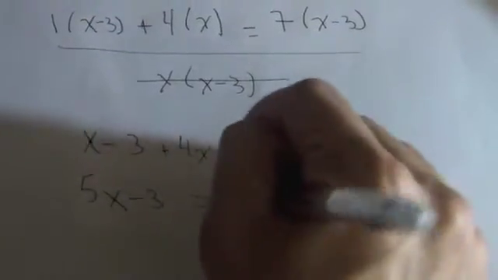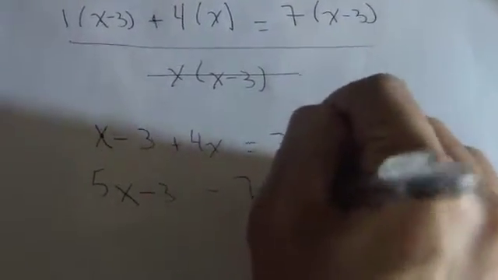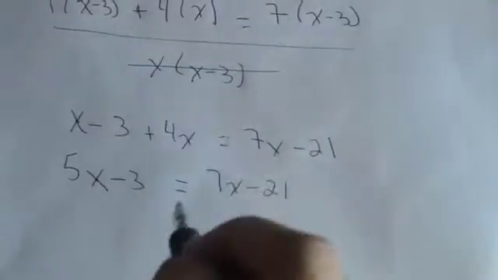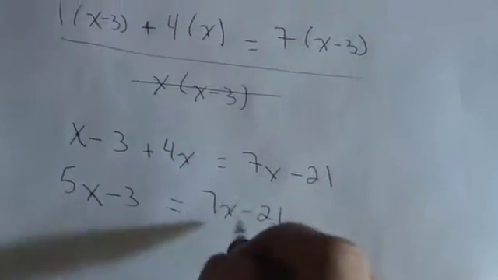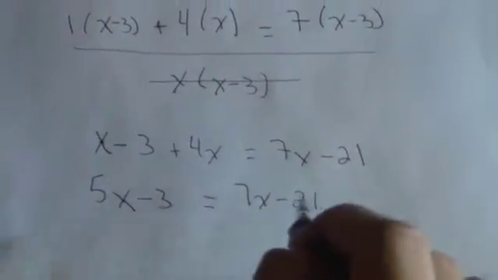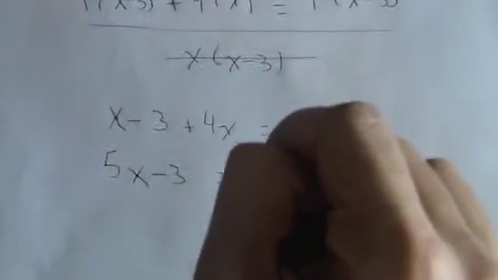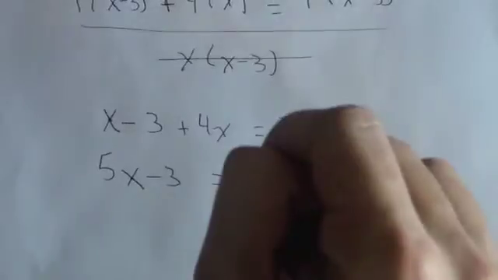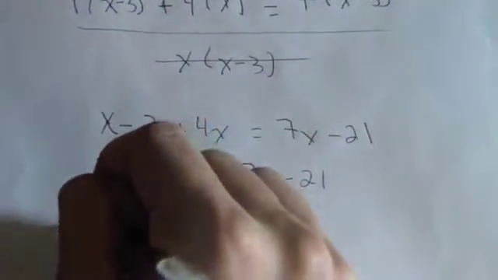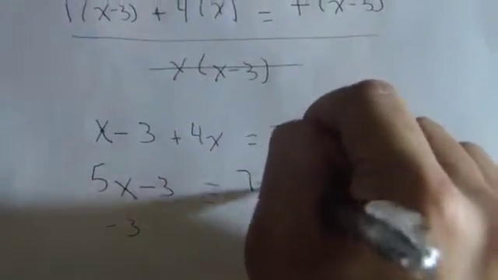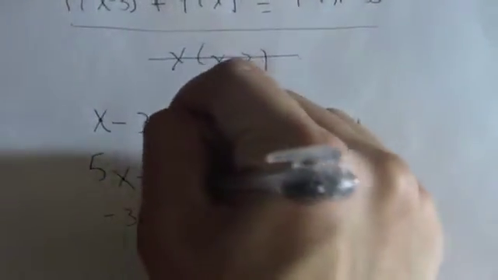equals 7x minus 21. Now we're going to put the x's with the x's and the normal numbers with the normal numbers. So we're going to bring negative 21 to this side, but when you change the side you have to change the sign.